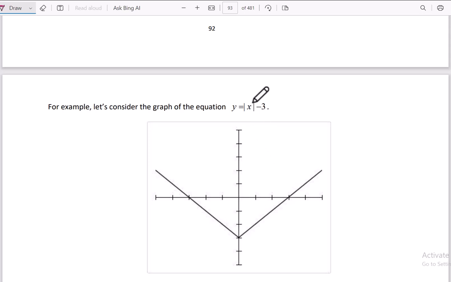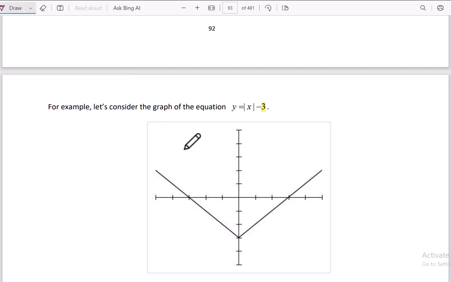Now look at the graph. This is the graph, the y, and then you have the absolute value function here. But something is happening after this absolute value function: whatever you have here is being pushed 3 units downwards. So assuming it's just here without this -3, we are going to have just this, right?